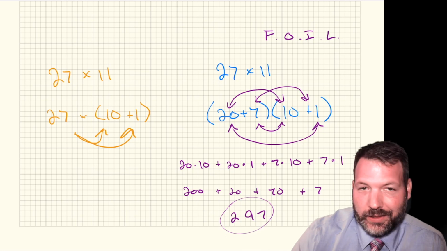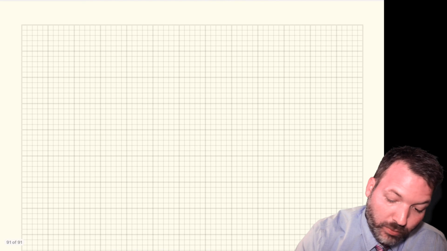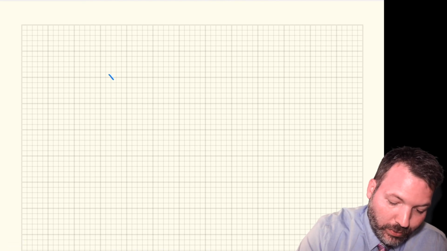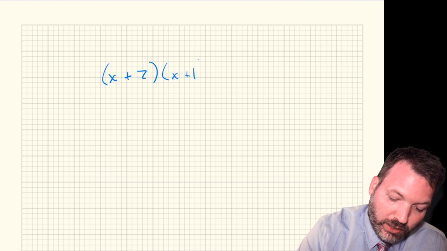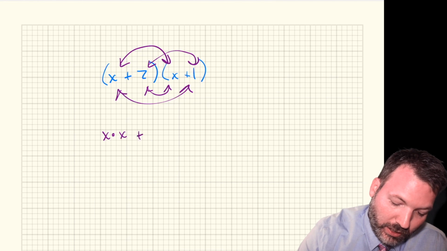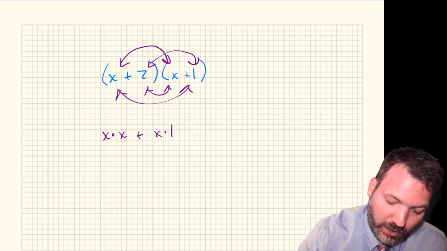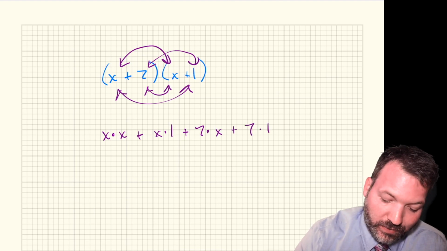Now, if you ever did anything like this, you probably didn't do it for numbers. You probably did it for polynomials, where you multiply out something like x plus 7 times x plus 1. And again, when you do your first, outside, inside, last, you end up with first x times x plus outside x times 1 plus inside 7 times x plus last 7 times 1.